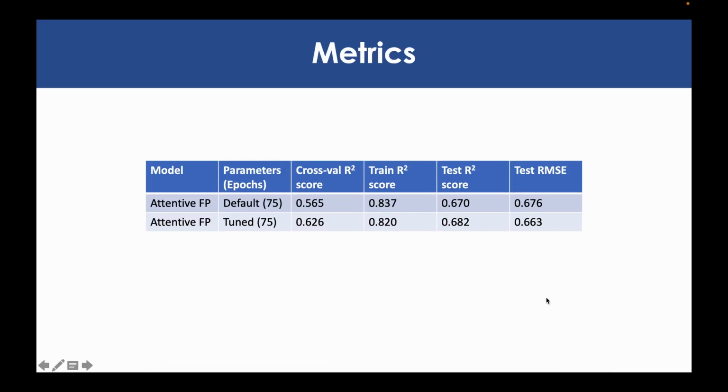As you can see, compared to the default parameters, the values for the tuned parameters are a little improved. The cross validation score is higher, the train score is lower, which means there is less overfitting. The test R2 score is a little higher, 0.682 compared to 0.670, and again the test root mean square error is lower.